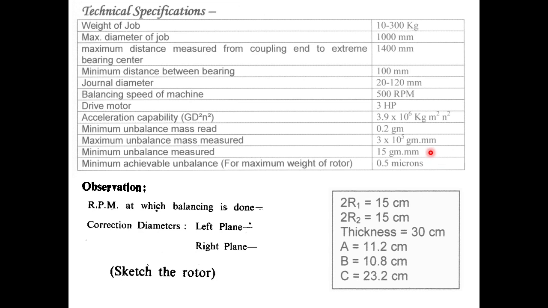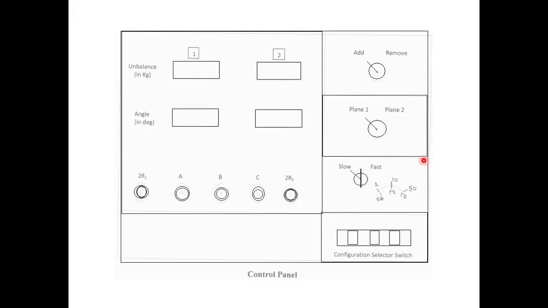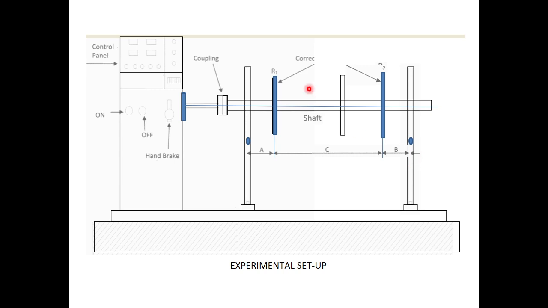Okay. What is your question? Gram millimeter. Mass into distance. Right? So if your correction mass is fixed at the outer end, say this value is 200 millimeter.